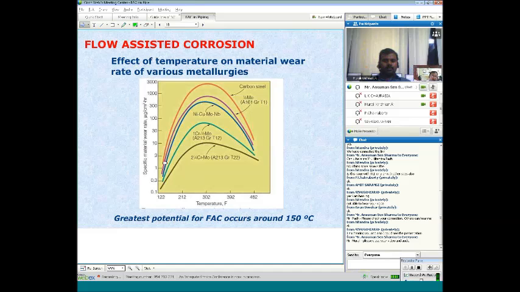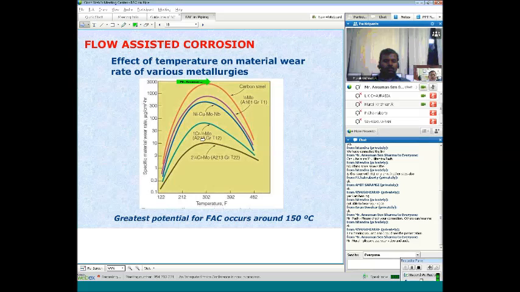It is a low temperature problem, somewhere in between. So, you can say around 120 degrees to around 240 degrees is the area where FAC is most likely to happen. Maximum will be at 150 degrees. Right? So this is where we should focus.